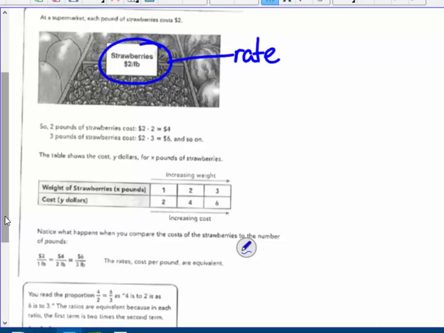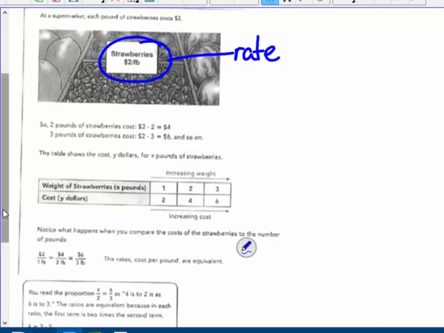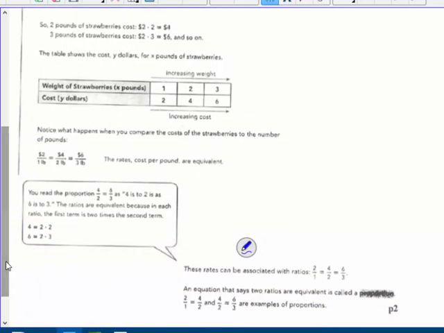The table shows the cost y dollars for x pounds of strawberries. So the cost depends on how many pounds of strawberries you buy. As the weight increases, the more pounds you buy, the more it costs.